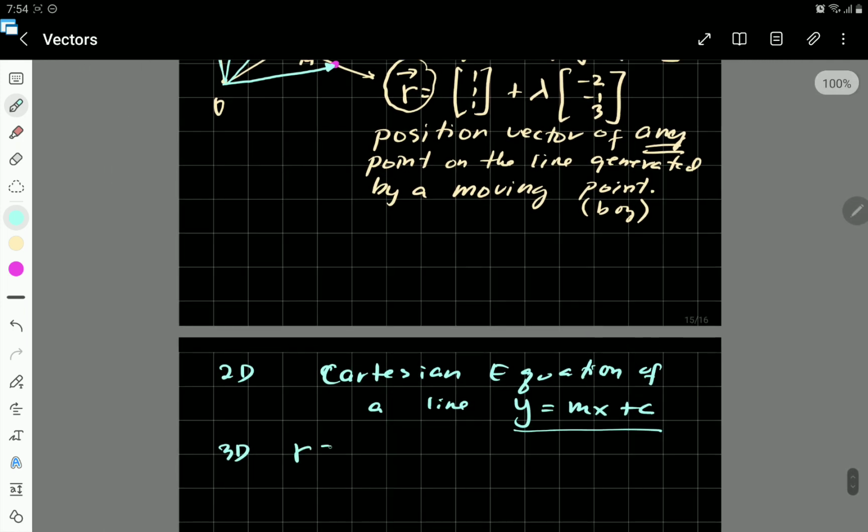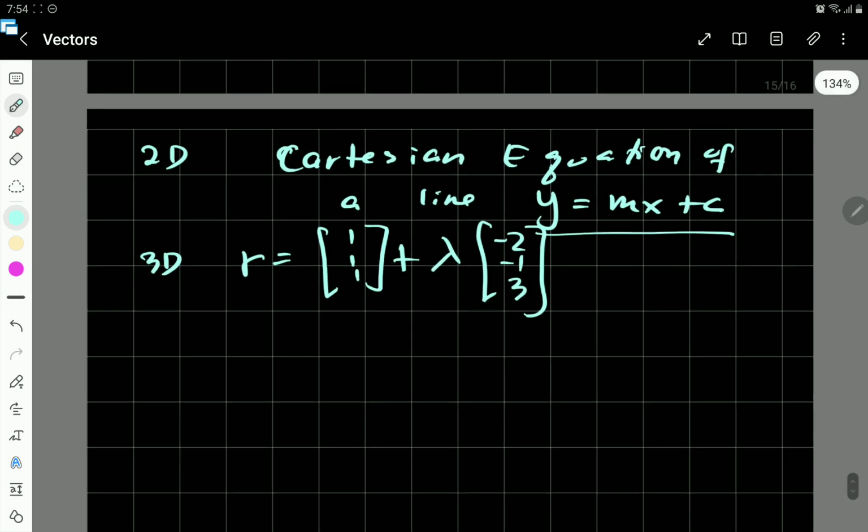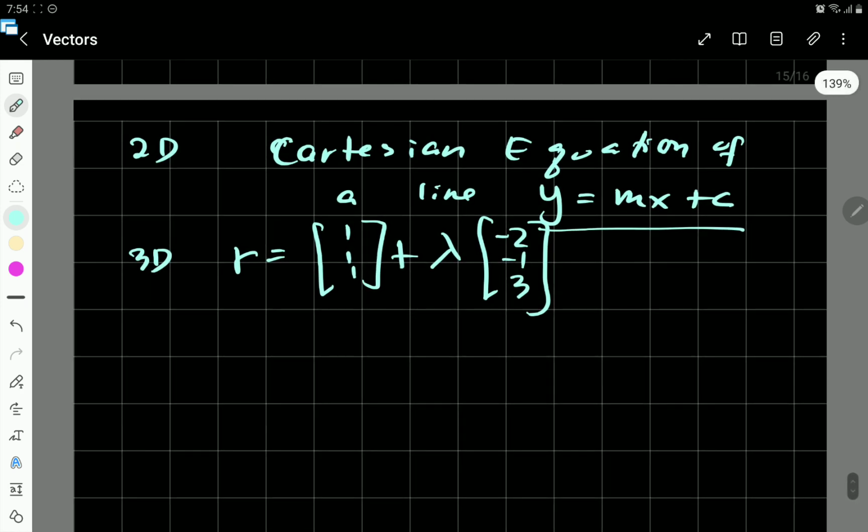So it's r = (1, 1, 1) + λ(-2, -1, 3). And we are looking for the Cartesian equation. This is a vector equation of a line. But what I want to show you is the Cartesian equation of a 3D line.